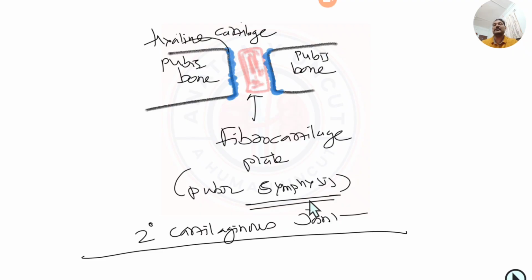They are midline joints because of their position in the body. The secondary cartilaginous joints are permanent in nature. These cartilages do not get ossified later on, whereas in the primary, where there is a hyaline cartilaginous plate between the two articulating areas, over a period of time they undergo ossification and the joint will vanish away.